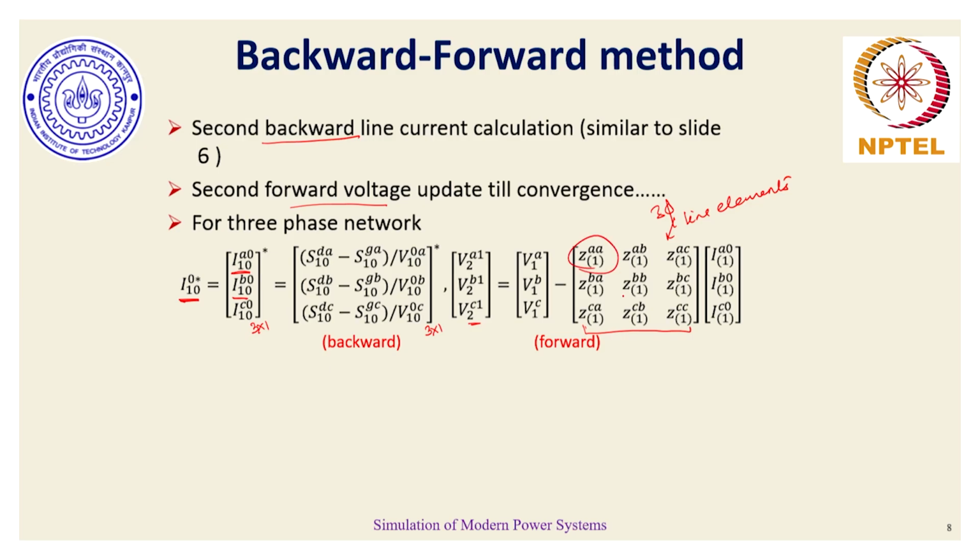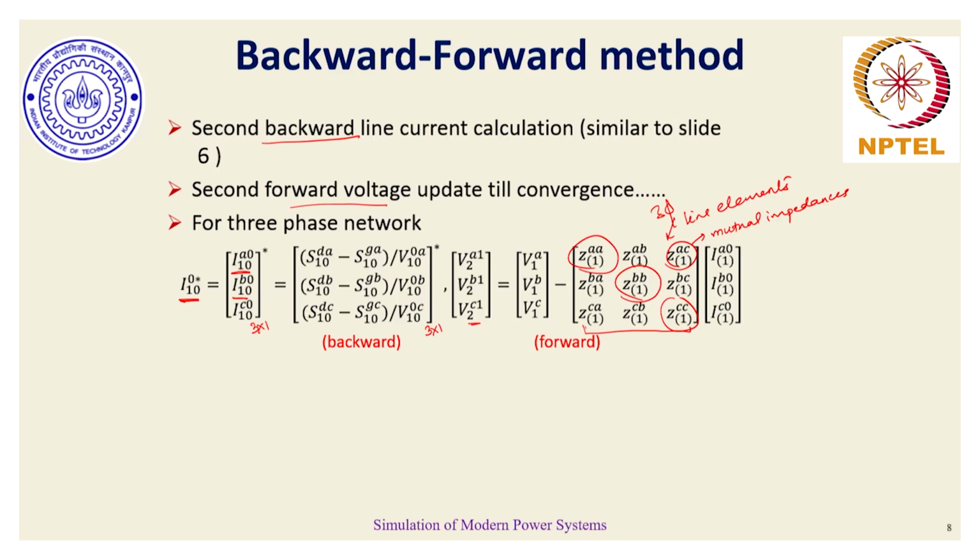Diagonal terms are the self impedances, and the off-diagonal terms are the mutual impedances, which is often applicable for distribution networks. In transmission systems, the mutual coupling is not so high, but for low voltages, mutual coupling can exist.